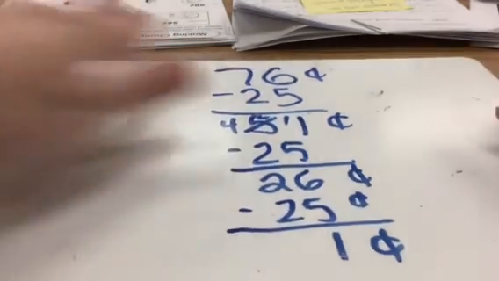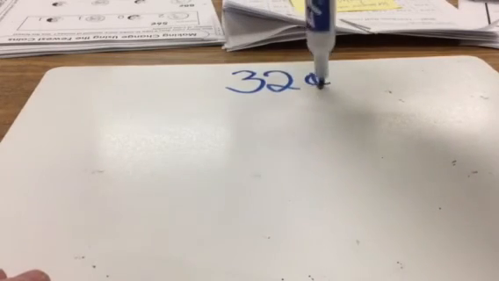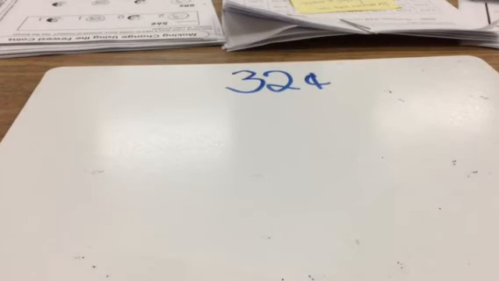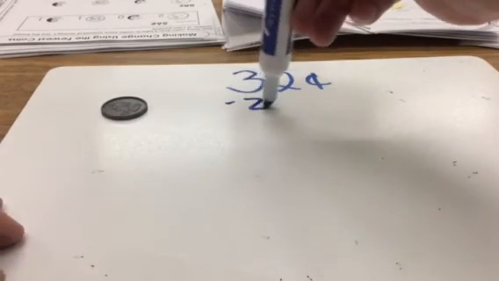Again, start with your biggest value coins and subtract off until you figure out how to make the very last bit of the money. So 32 cents is our last one, and we were doing that in 4 coins. Do I have enough money there to use 1 quarter? I do, because a quarter is 25.